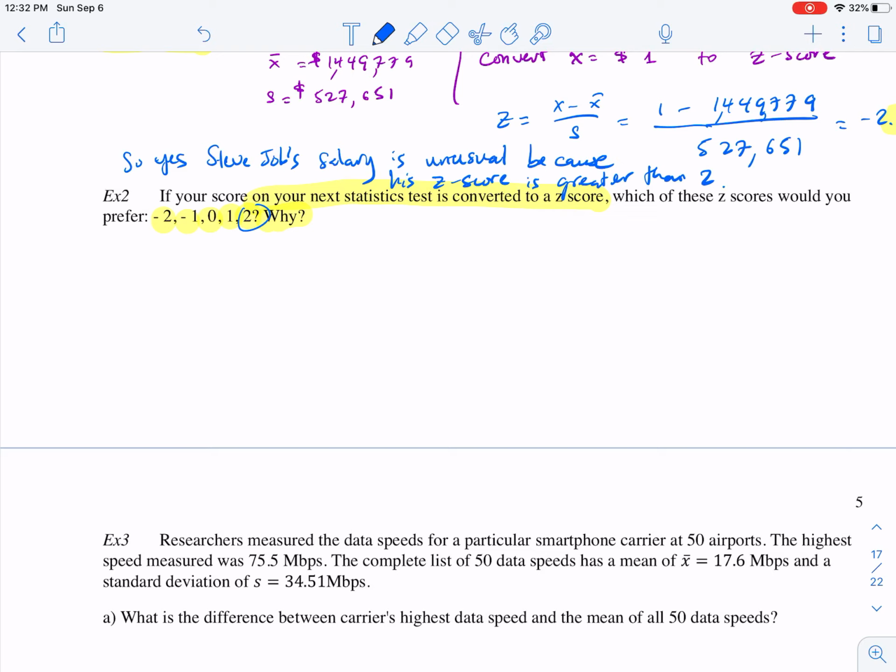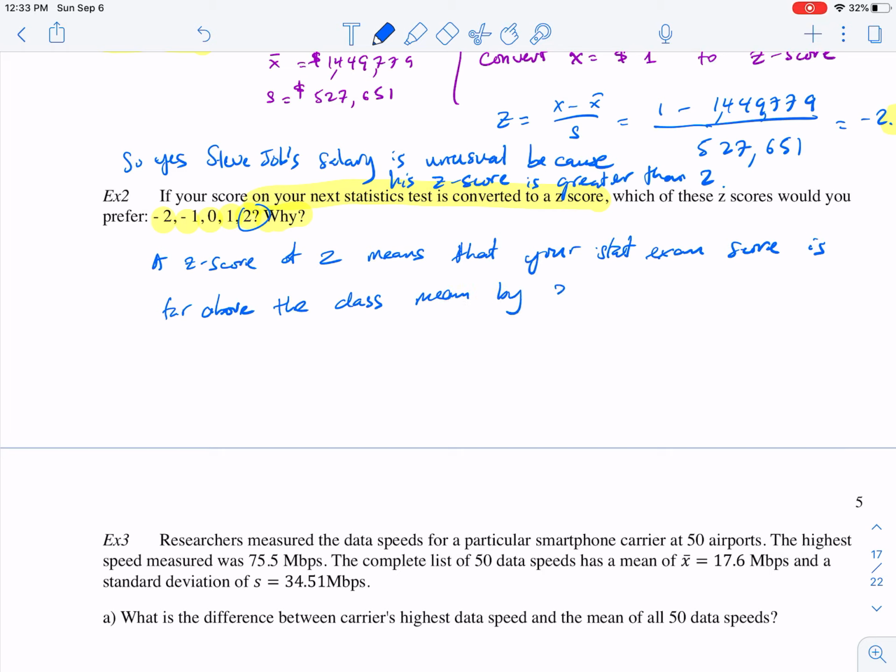A Z-score of 2 means that your stats exam score is far above the class mean, by 2 standard deviations. So that's what you want. Okay, you don't want a negative one.